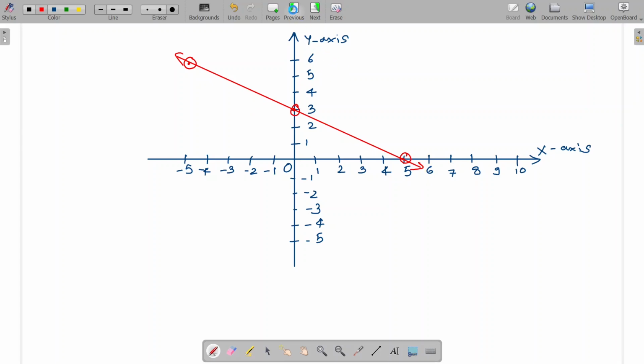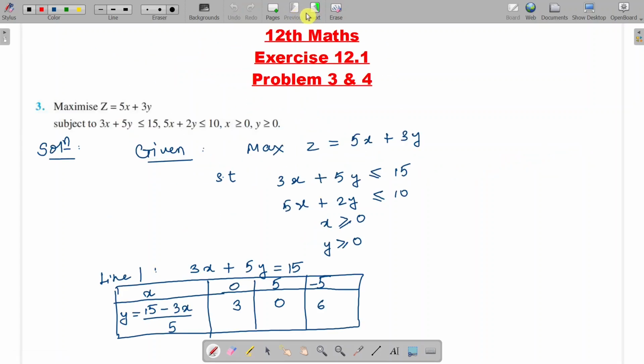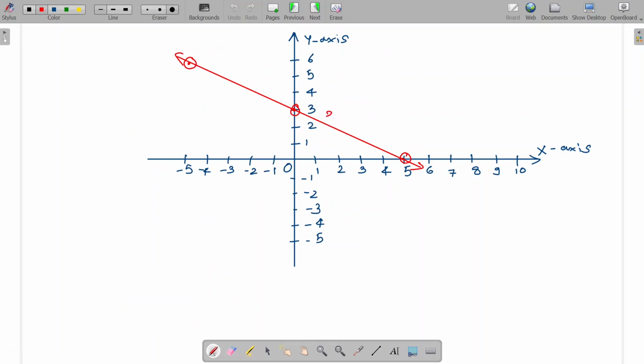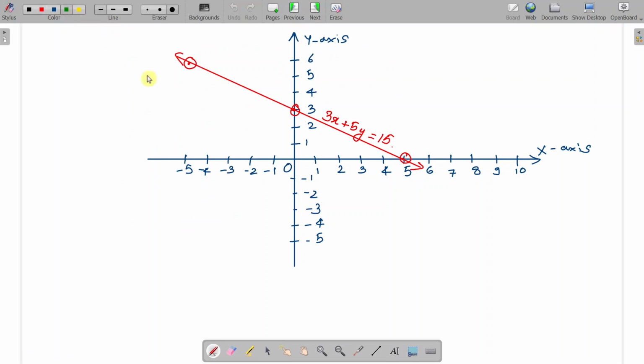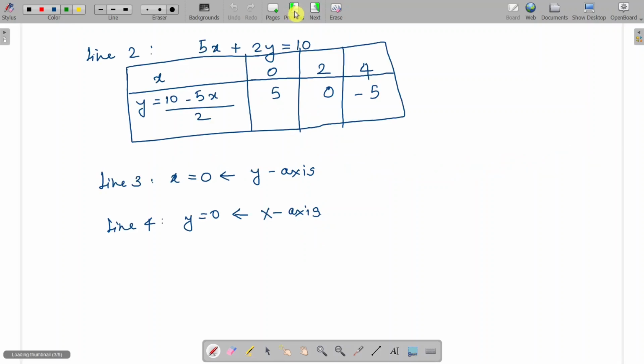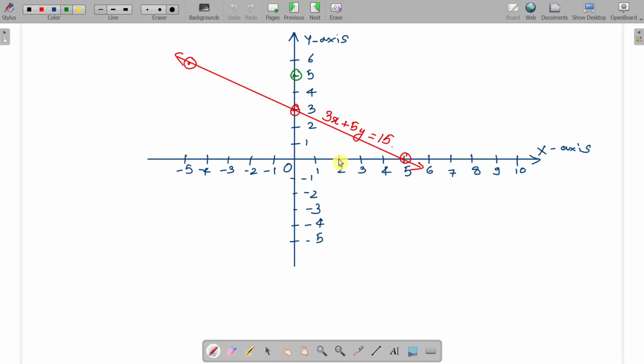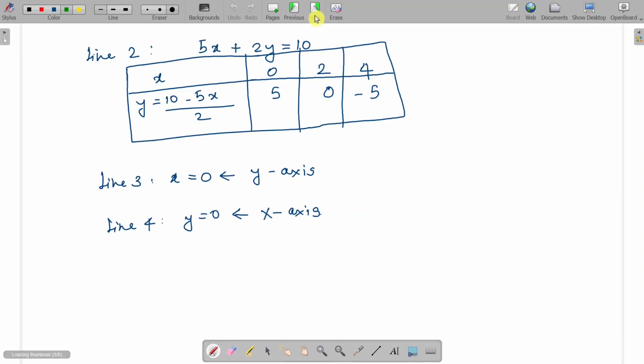Let us name the line. It is 3x plus 5y equal to 15. Okay, and now let us go to the line 2. So the points are 0, 5, then 2, 0, and 4, -5.